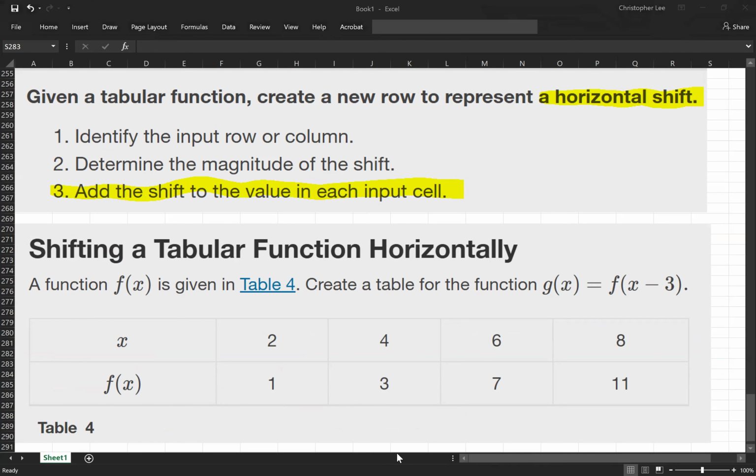One second. Interesting, I didn't do this one.